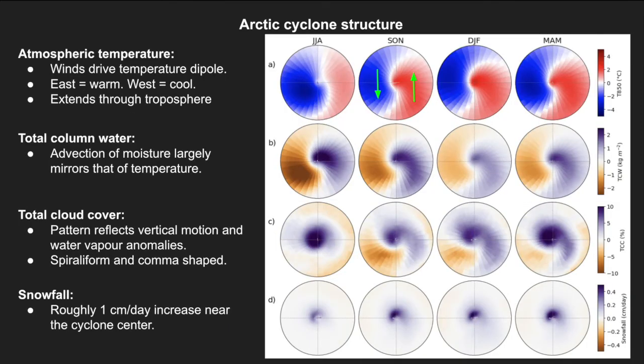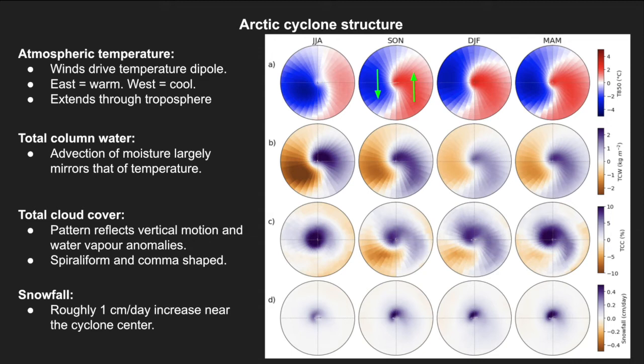So given we have these horizontal and vertical motions associated with cyclones, we're going to get advection of temperature and moisture occurring. And that's going to create some patterns of temperature and moisture fields associated with cyclones. So you can see on this figure, I've kept two green arrows on one of the figures to show the horizontal directions of the surface winds, north to the east of cyclones and south to the west of cyclones.